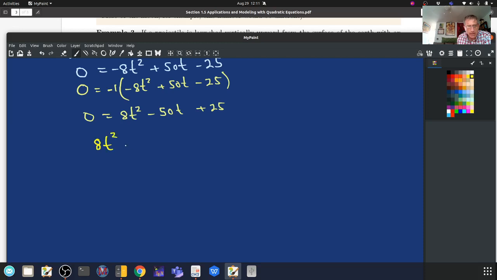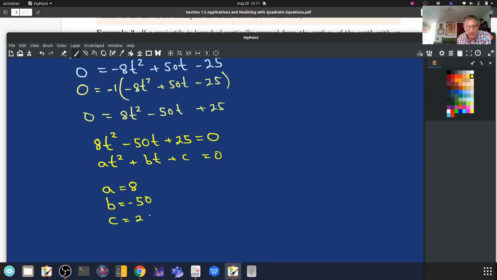And if you want to write it this way, you can: at squared plus bt plus c is equal to 0. So my a is equal to 8. My b is equal to minus 50. And my c is equal to 25.